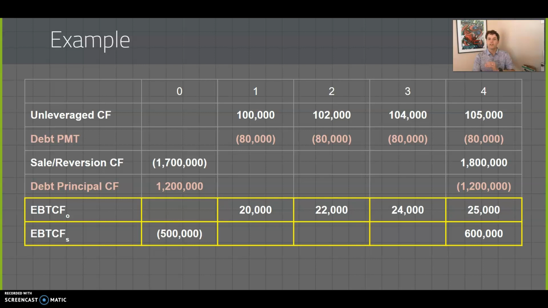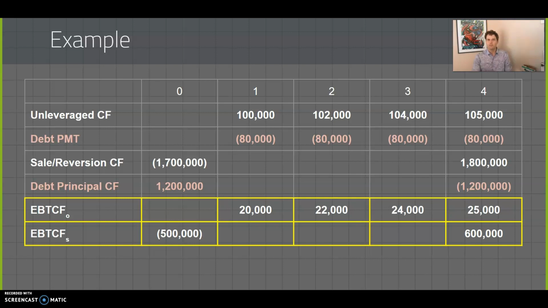So I've already taken off capital expenditures, tenant improvements, leasing costs, and other special costs. I'm down at the net cash flow that I'm receiving from the asset net of all costs. I then put in my debt service payment, and I subtract the debt service payment from the unleveraged cash flow to represent the cash that's going in my pocket as the equity investor. This is money left over after I've satisfied my debt obligations. So you notice it's the unleveraged cash flow minus the debt payment.